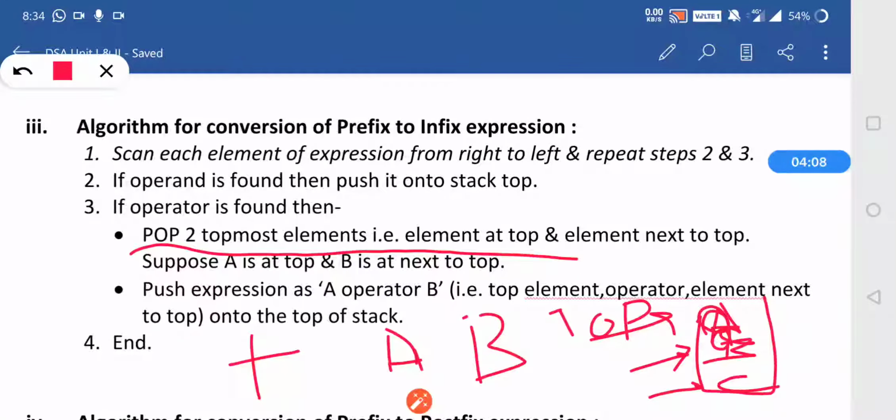After popping those elements, we will insert or push the operator in between the operands. So our expression becomes A plus B, that is operand, operator, operand.